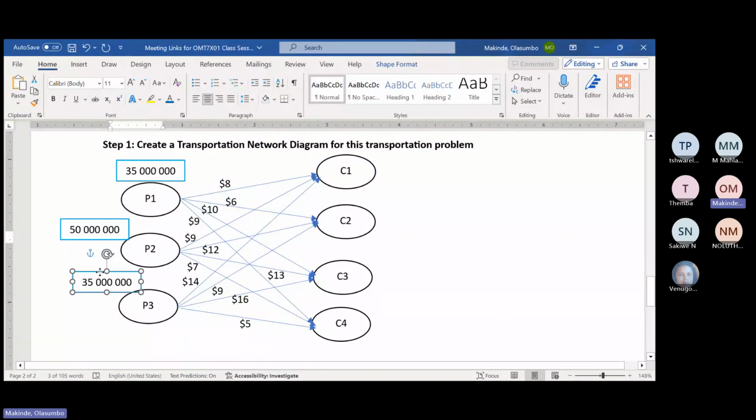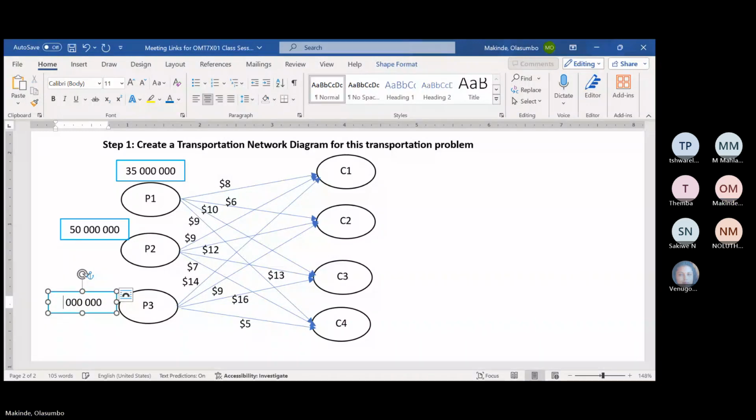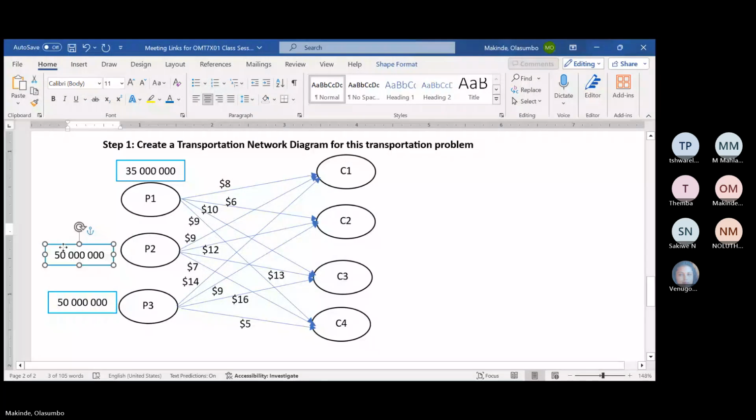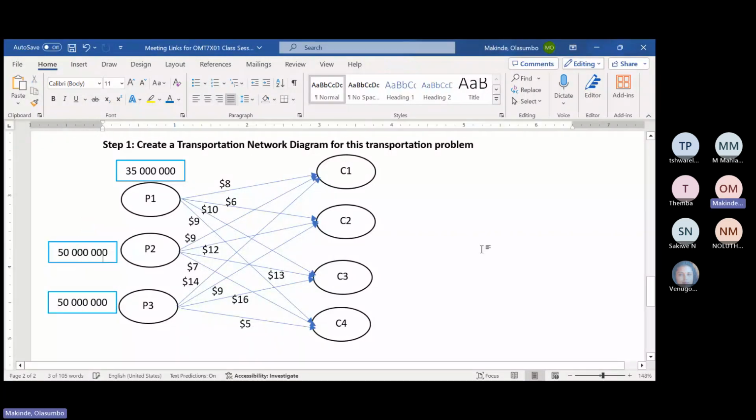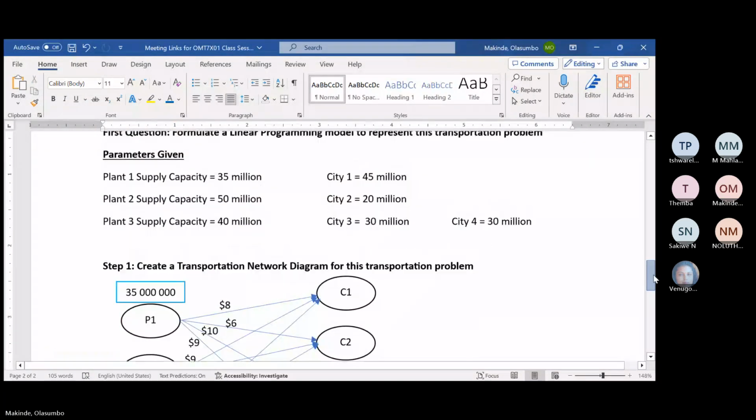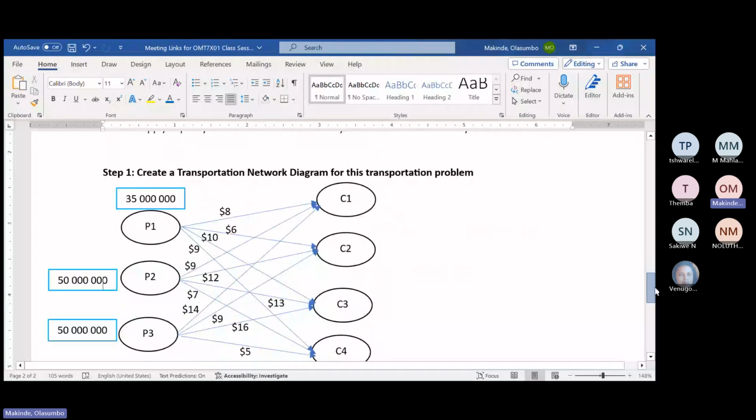I can put it somewhere here. Don't let it touch the 50 million. Let me just put it by the side, it's fine. Then City 1 is 45 million.